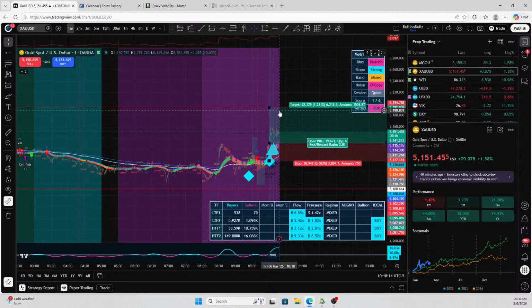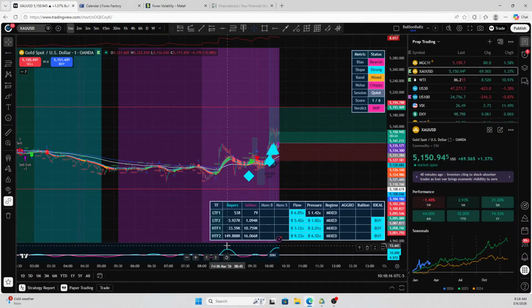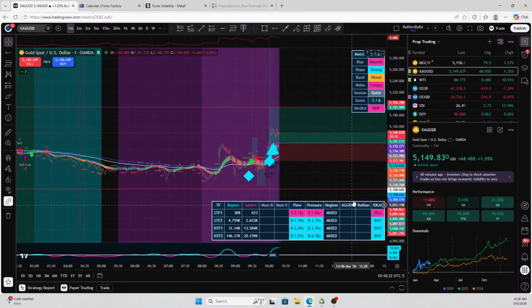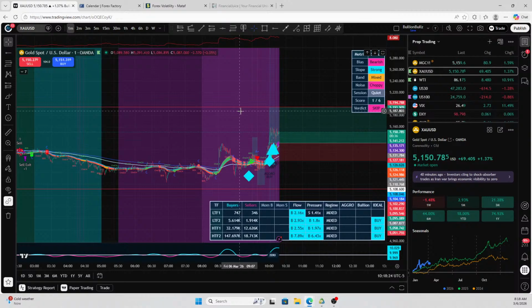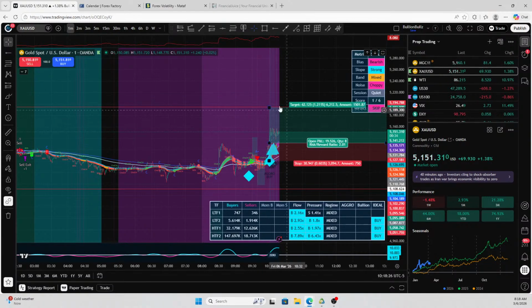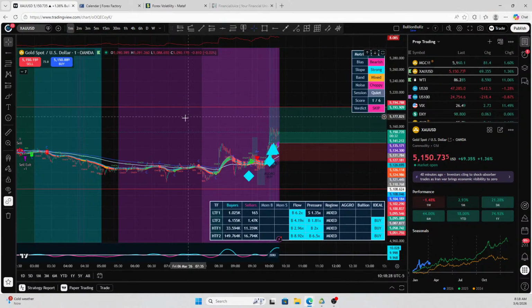The previous day high is right here. Either it reaches the previous day high or it's just an inside day, as you know, the price opened inside the previous day's candle.